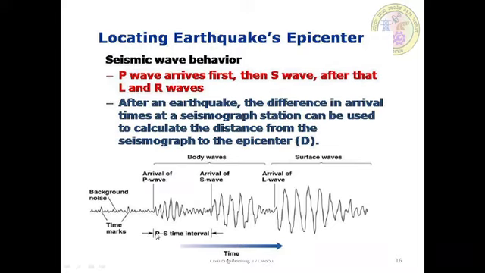Now the time interval, P minus S, is the interval between the P wave and the S wave.